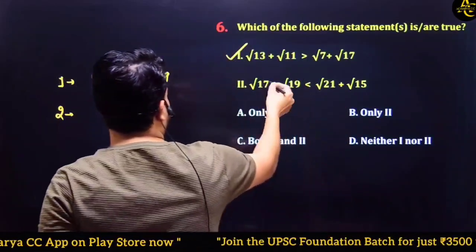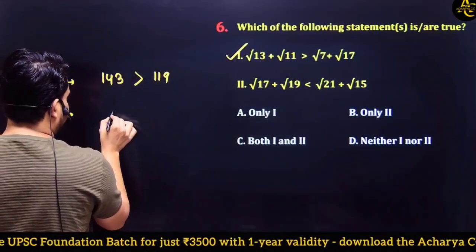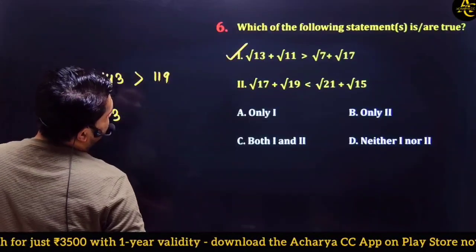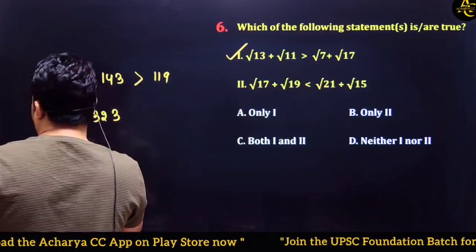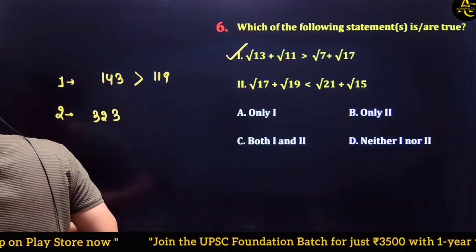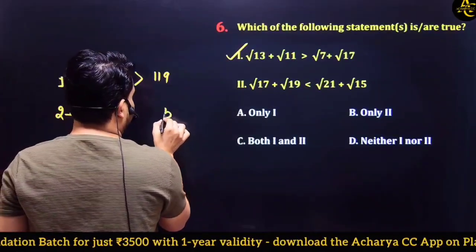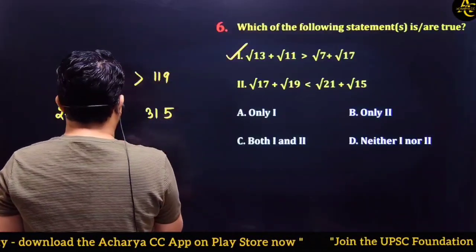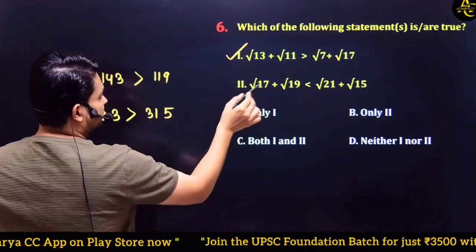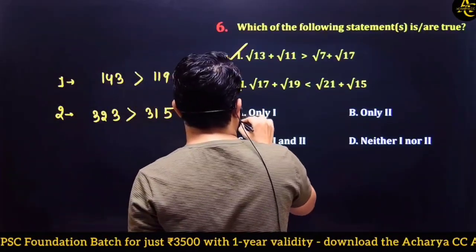So we have to multiply them. 17 into 19: 17 times 9 is 153, carry 15, 17 times 1 is 17 plus 15 is 32. It is 323. Now 21 times 5 is 105, 21 times 1 is 21 plus 10 is 31. So this number is bigger. Here the signs are different, so statement 2 is incorrect. So only one is the answer.